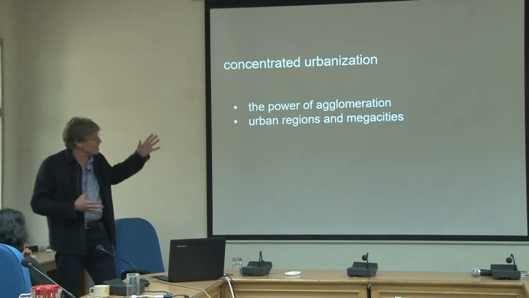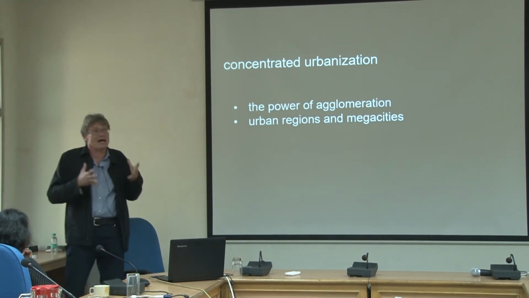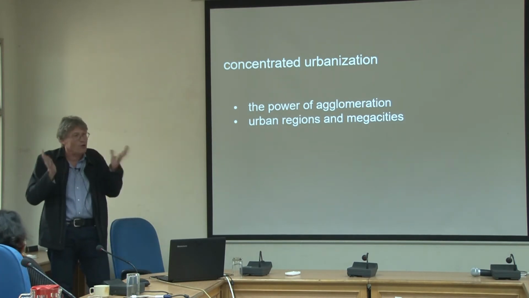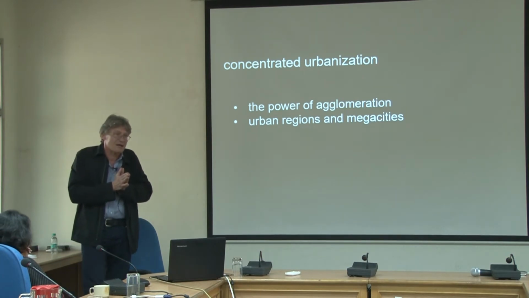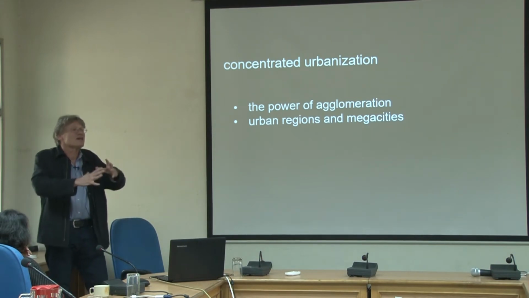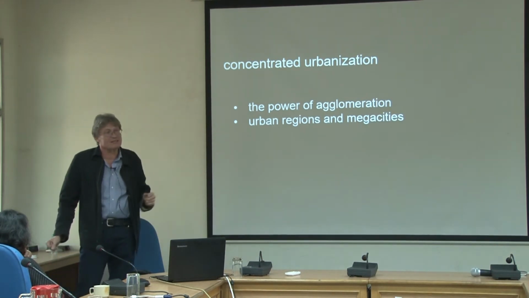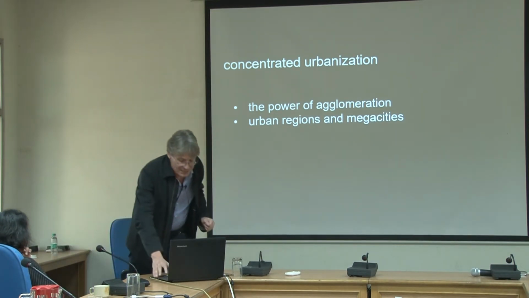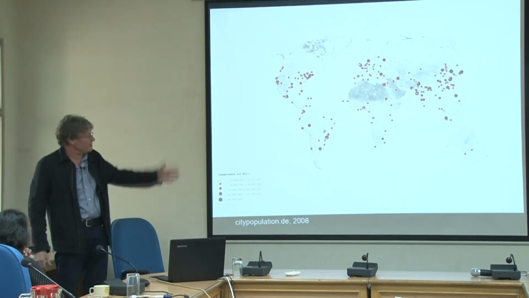The power of agglomeration is a very strong economic, social and cultural power that leads to a whole range of important effects, and leads also to the fact that certain cities grew and grew and grew, and then we had the urban regions and finally the megacities, and today the mega regions. So this is one way to approach the urban, and that's the map.